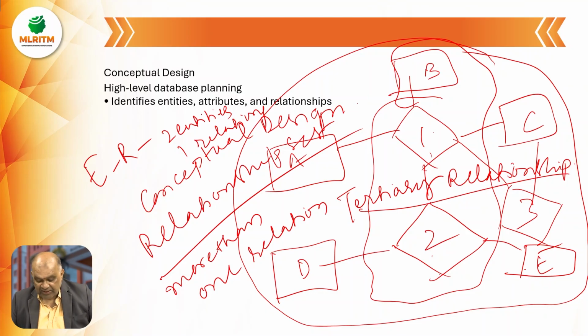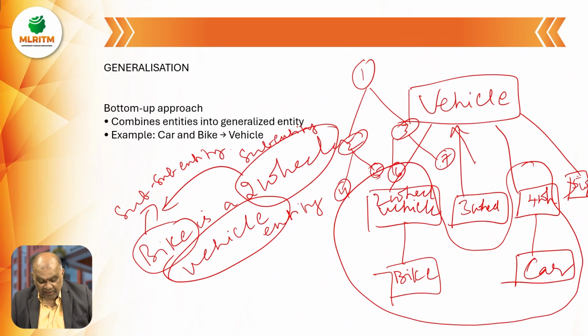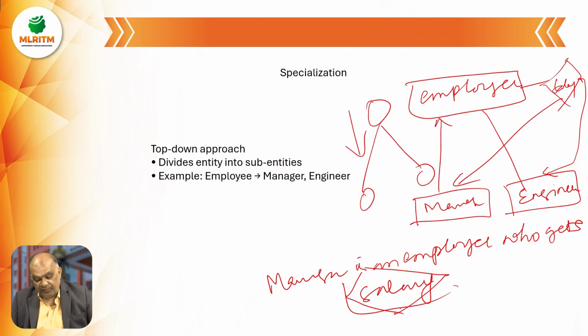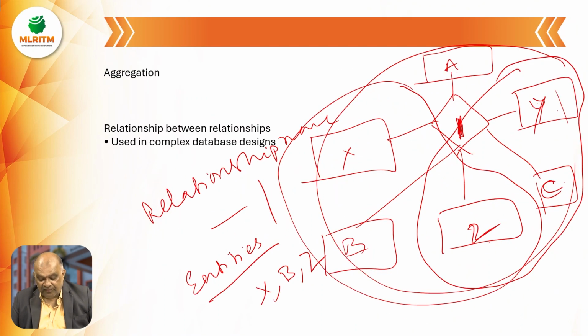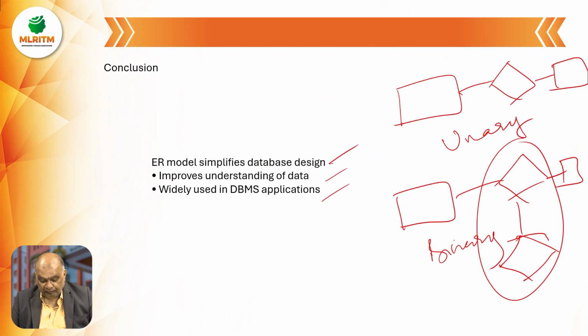In tertiary relationships, we are going to consider three important concepts which are called specialization, generalization, and aggregation. These three are very, very important concepts in the conceptual design of the database.